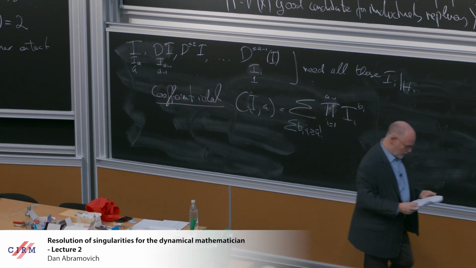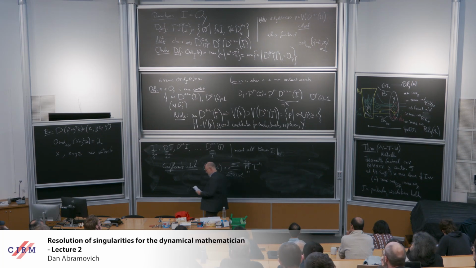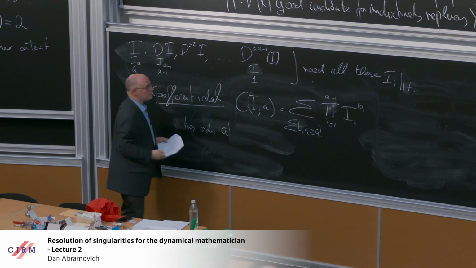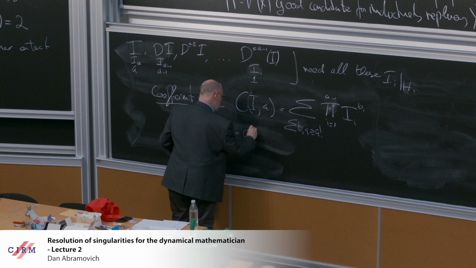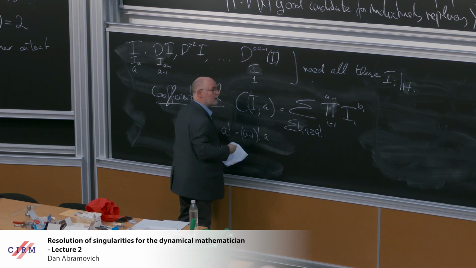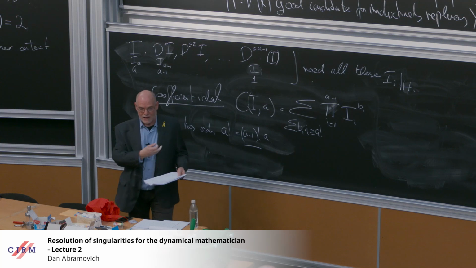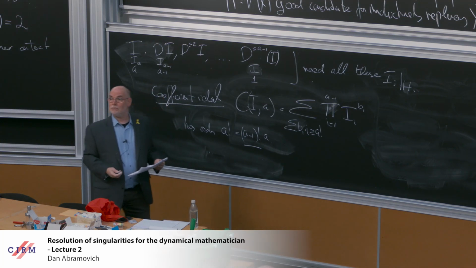Okay, so this is just a way to bundle together all of these. So this has order a factorial, which is a minus 1 factorial times a. So there's a rescaling factor of a minus 1 factorial that I have to take into account if I use this formalism. Okay?